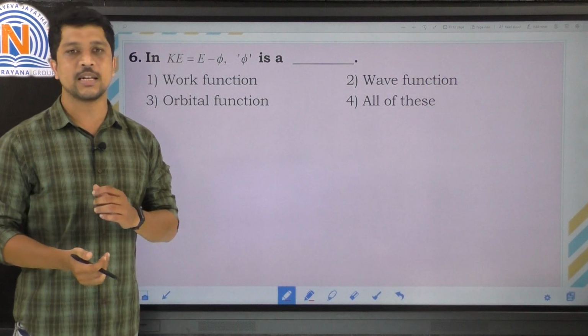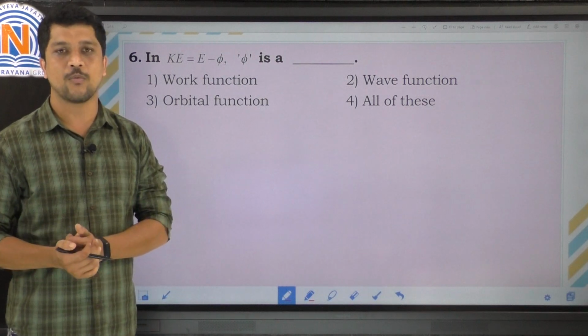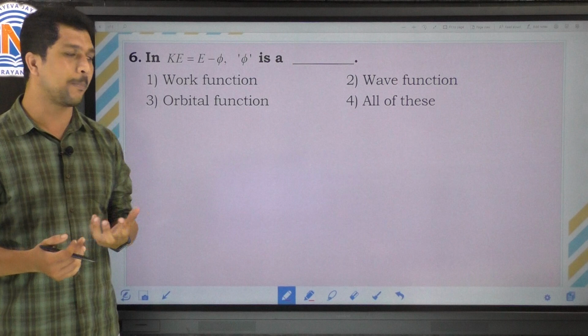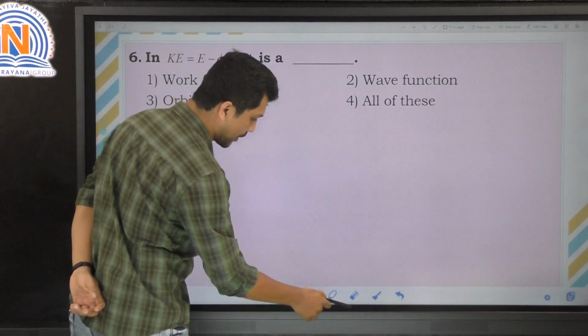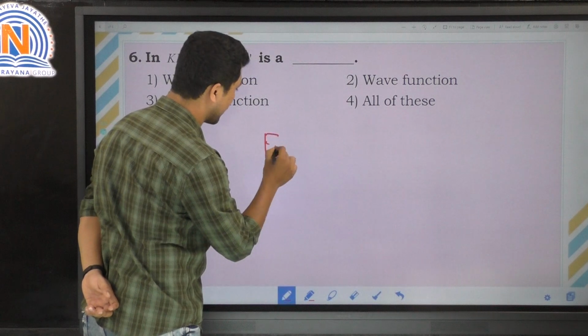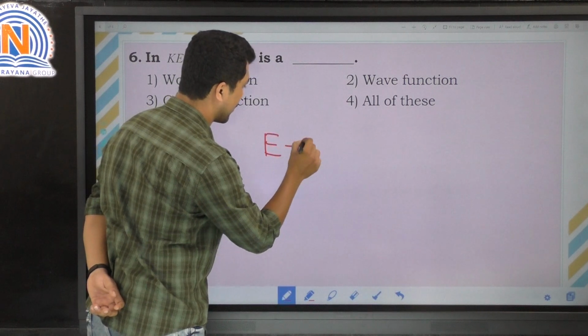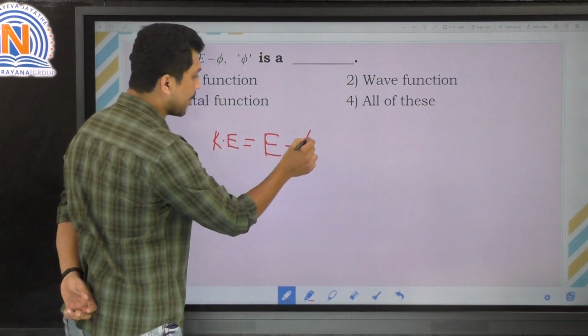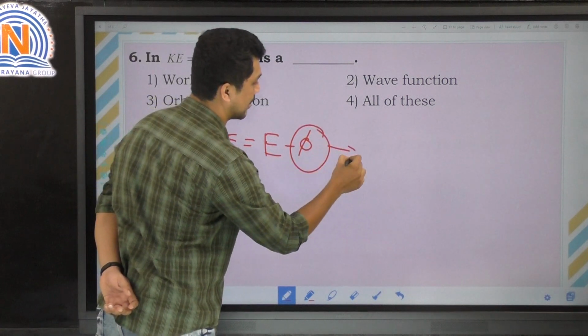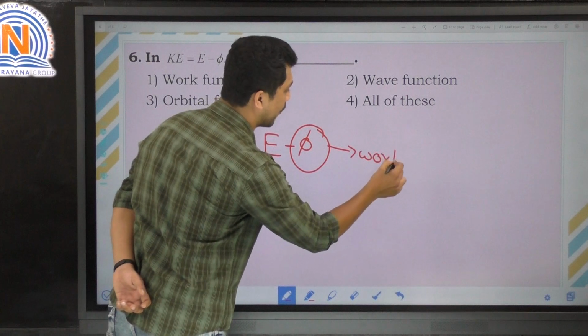Here in kinetic energy, E minus phi. So phi is a dash. So what is the phi here? We know that kinetic energy KE equals E minus phi. So here phi is the work function. Phi is the work function.